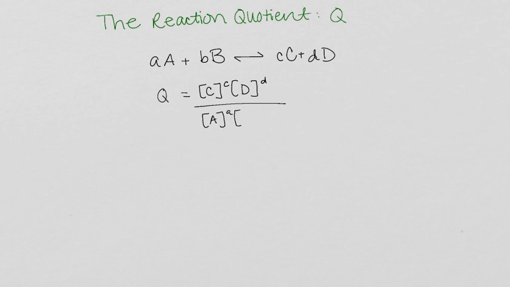So what I mean by that is Q is not constant. We could write the reaction expression and get some value for Q at any concentration of reactants or products. You can get a different value for Q.